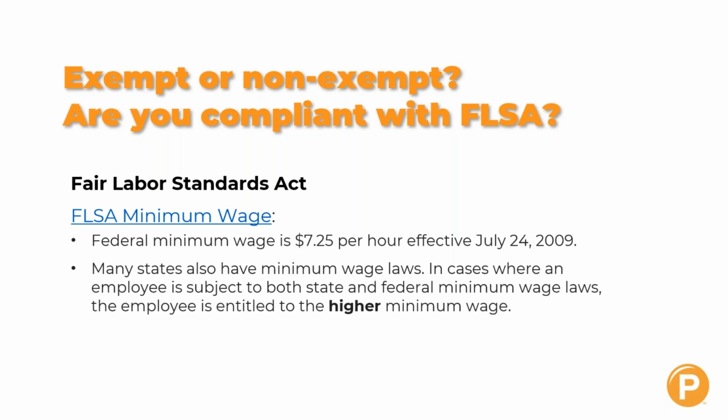That was effective back in July of 2009, and I know that most states have gone way above $7.25 an hour. There are very few that are stuck on federal minimum wage. I think there are only one or two states that don't have a higher minimum wage. Most states have those minimum wage laws, and if you're in a state that has a higher minimum wage, you have to pay the higher of the two wages.